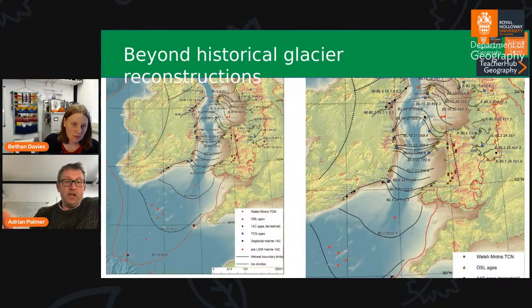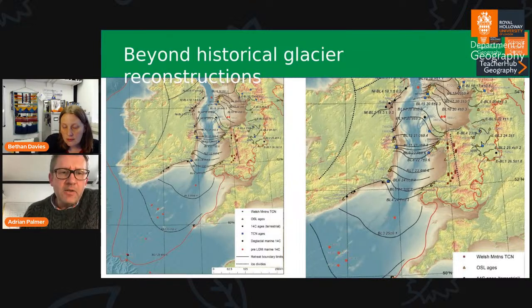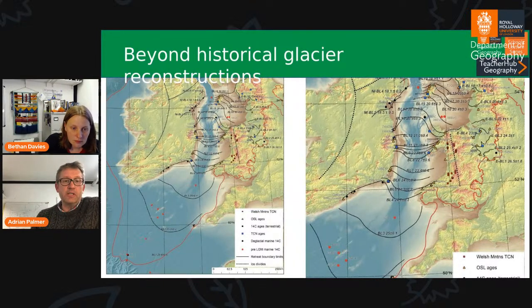What these diagrams show: the red line on the left-hand diagram is essentially the maximum extent of the ice, and that goes back to around 26,000 years before present. But then you can identify the landforms that indicate the position of the ice margin as it's retreating. And these are what all of these black lines are as they work their way up from the St. George's Channel up into the Irish Sea.